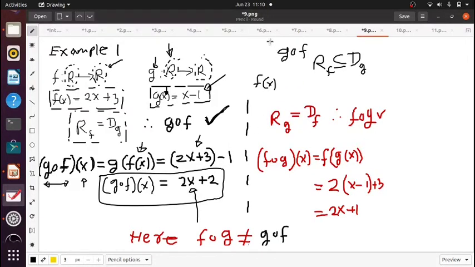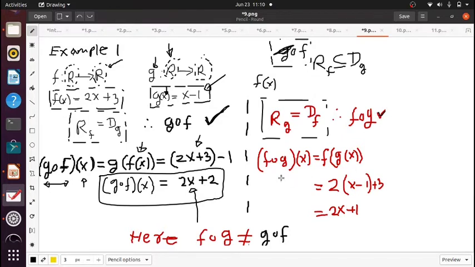Now let's see if f of g exists. In this example, g becomes the first function and f becomes the second function. Since this is the simplest example, you can see here that the range of the function g is also equal to the domain of function f. Therefore, f of g exists.